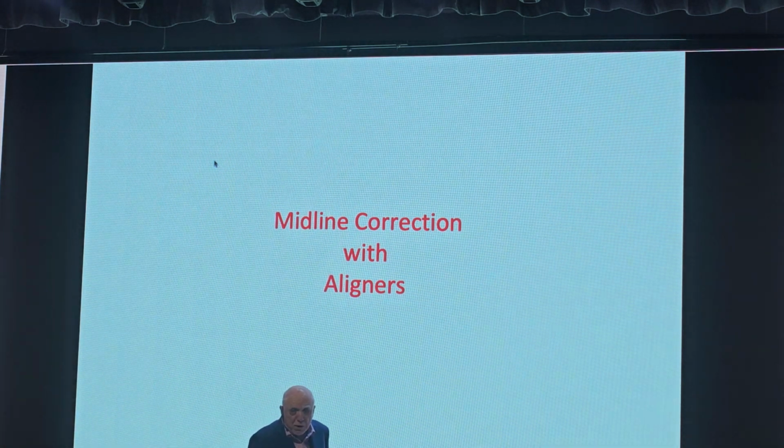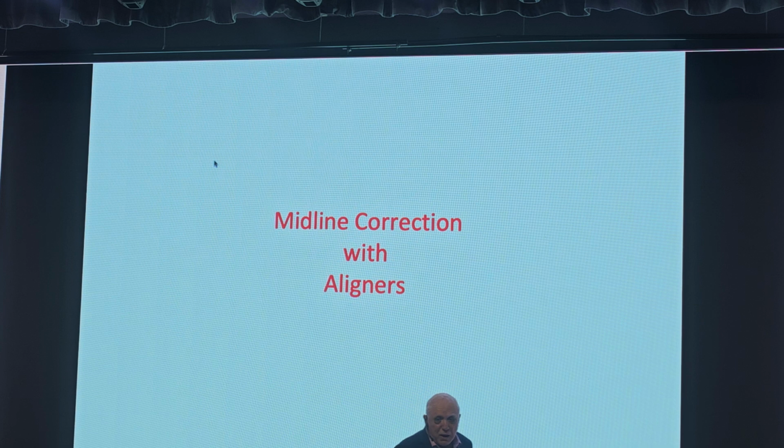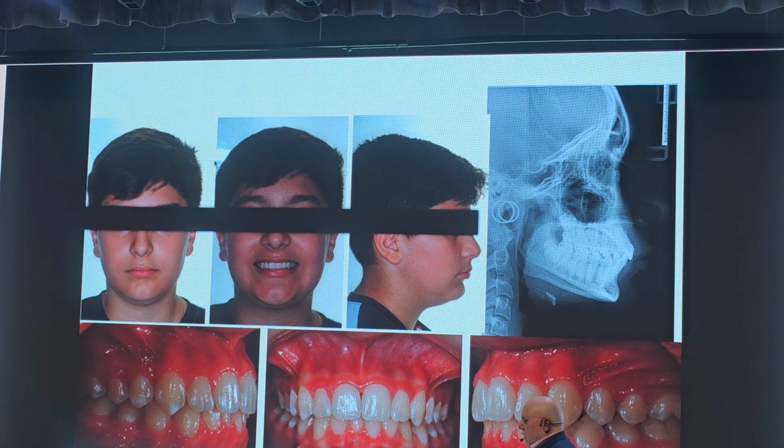So since we are talking midlines, we can talk about aligners also. So you can see these days we use primarily shape memory aligners. But you can see in this case, the midline is off. And if you want to use, for example, aligners to move the posterior teeth sequentially, it's going to take you a long time.